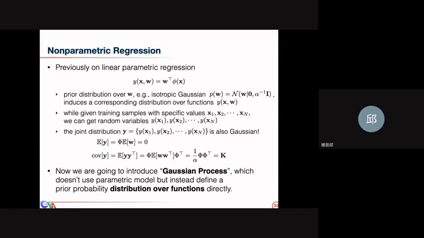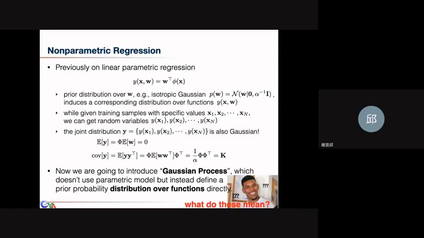The whole regression problem turns into using the relationship between my data points, because I know that if two data points are close to each other, then their regression results should also be close to each other. So my regressor can be defined based on the relationship between the data points.